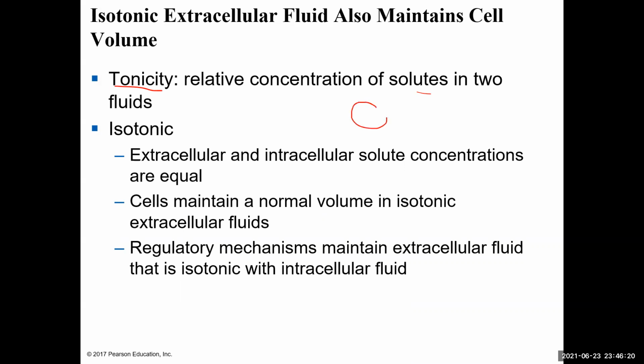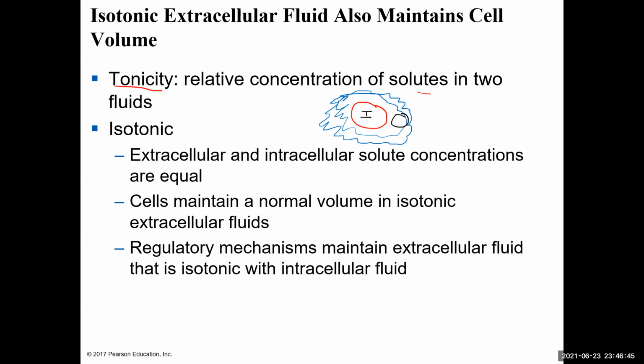So if you have a cell and that cell is surrounded by extracellular fluid, which is generally water, right? You have two fluids here in this example. You have the fluid on the inside, and then you have the fluid on the outside, okay?